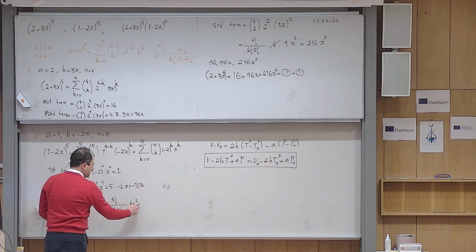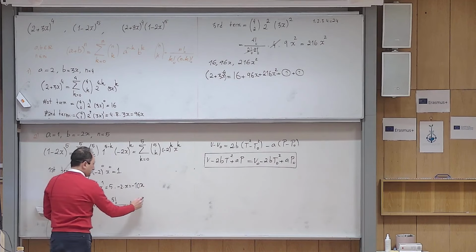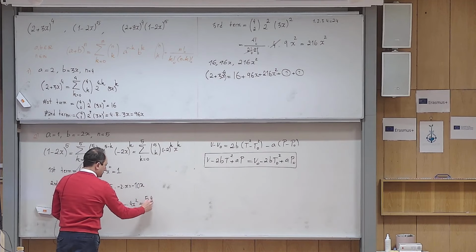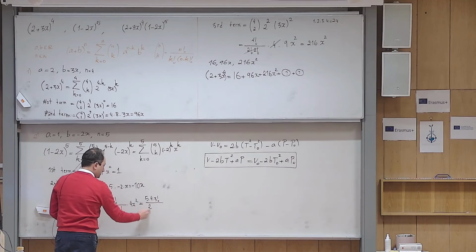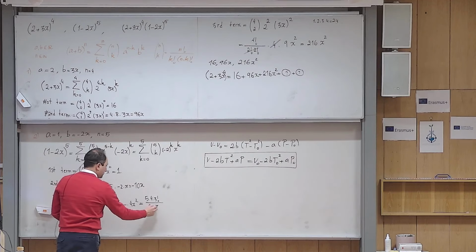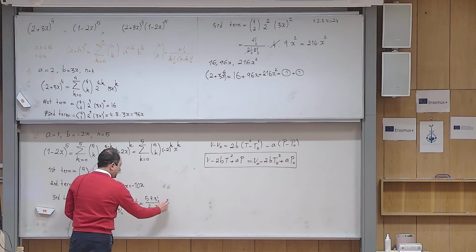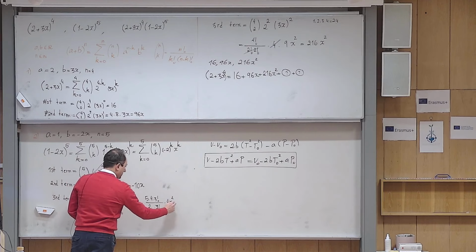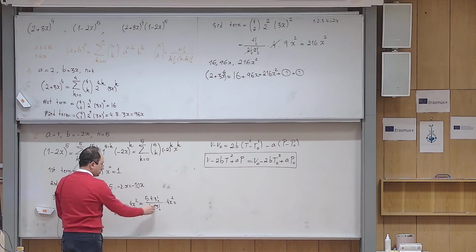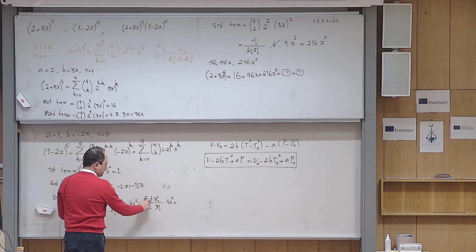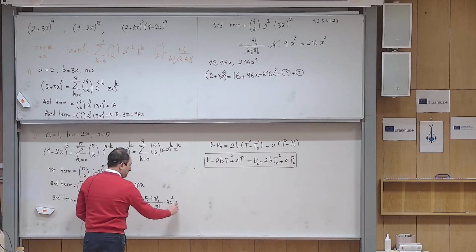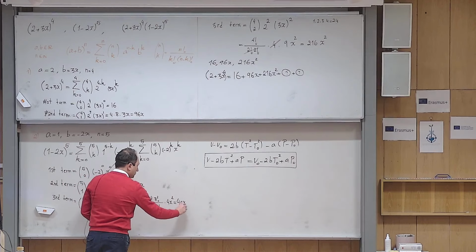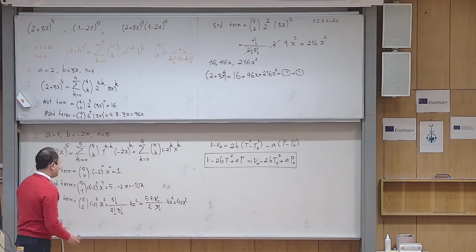And here I can simplify it further. Instead of 5 factorial, I write 5 times 4 times 3 factorial divided by 2 factorial, which is 2, multiplied by 3 factorial. I don't need to open it up because it is going to be cancelled. And then I have 4x squared. And if I do these calculations, this and that are gone. 5 times 4 is 20, divided by 2 is 10, multiply here, it becomes 40x squared. Okay?